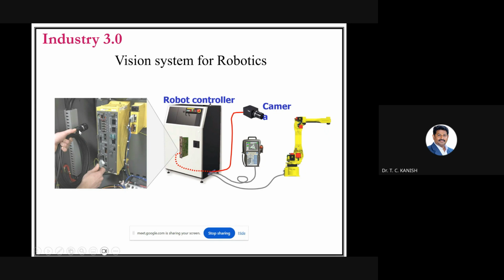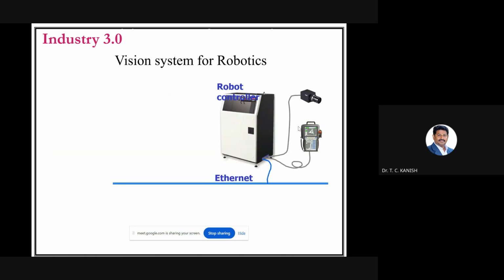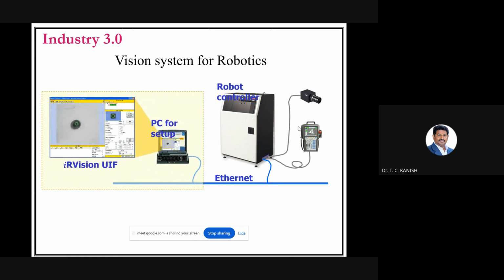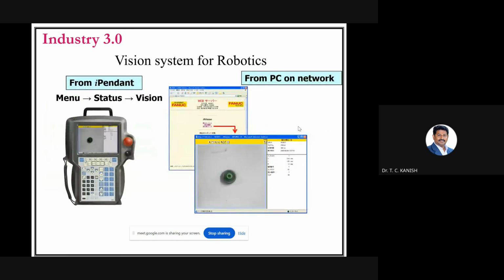You just need to insert the camera so that it will start connecting with your robotic system. So it's very easy to control. You can use Ethernet or connect a personal laptop. And if you don't have a laptop or a PC, then you can see the camera visualization directly on the teach pendant.